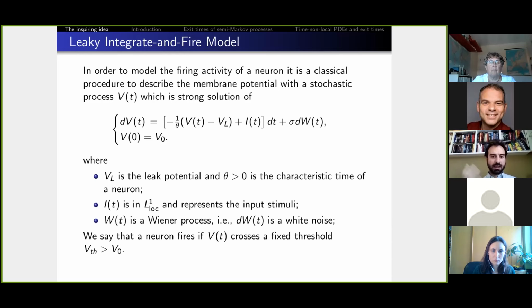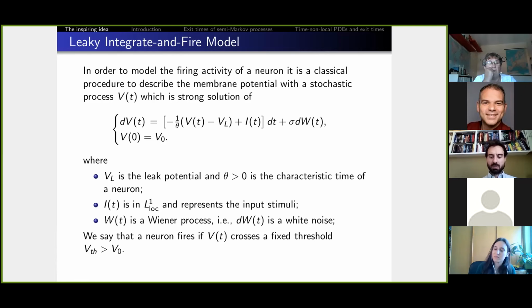One says that a neuron fires if it emits the signal when the random process capital V crosses a fixed or eventually moving boundary, which is capital V of t. Then there are different approaches to what happens later. One can reset and start the mechanism from the beginning, or you can move the threshold.